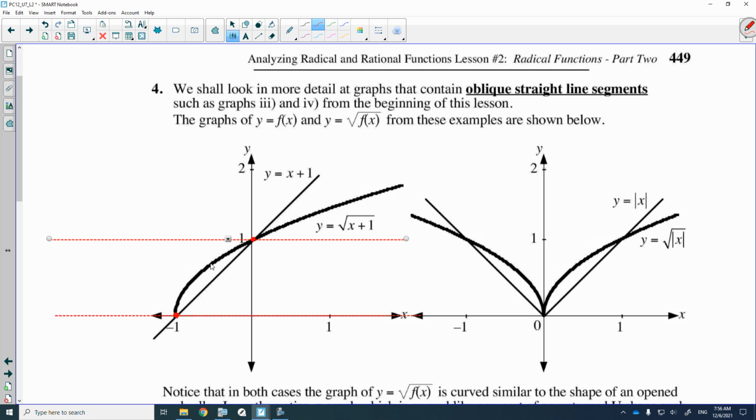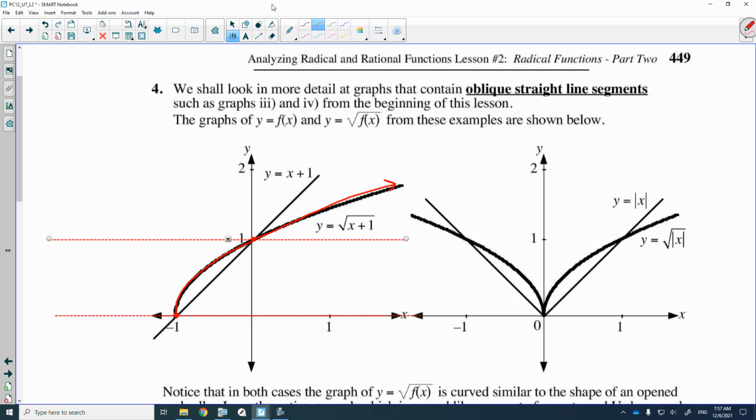Once we leave the red zone, the graph of the radical will always be below the graph of the original, which would be this piece. And that's the graph of your radical.